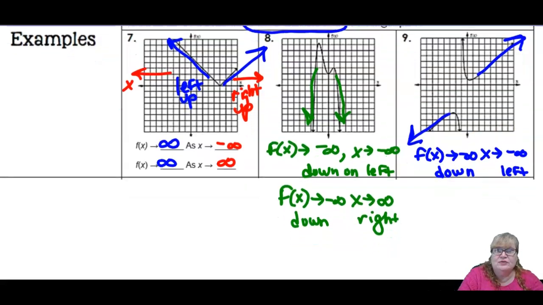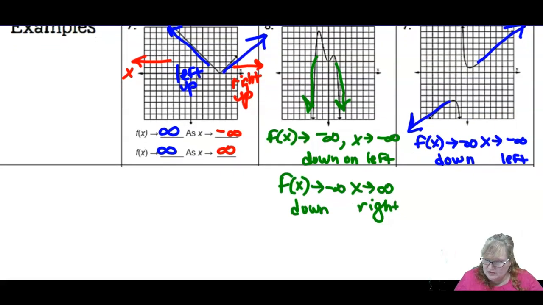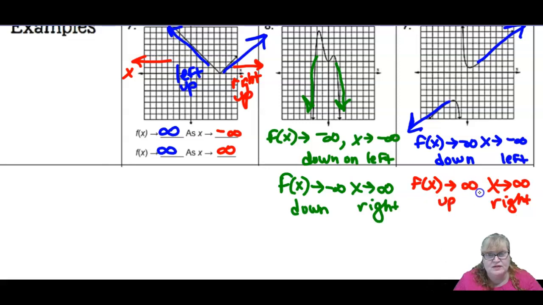To say that on the right, it's going up, I have to say x-axis goes off to the right. Those numbers are bigger, so I say infinity. And then f of x is going up, and up would be a positive infinity. You really have to get good with the words so that you can translate the symbols.